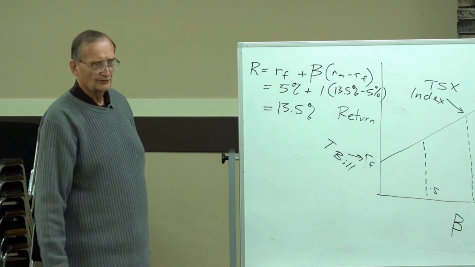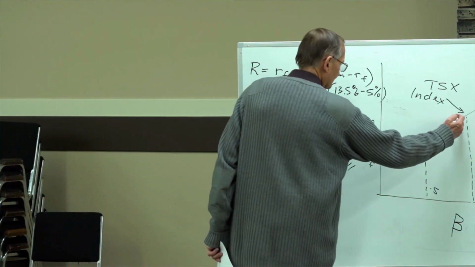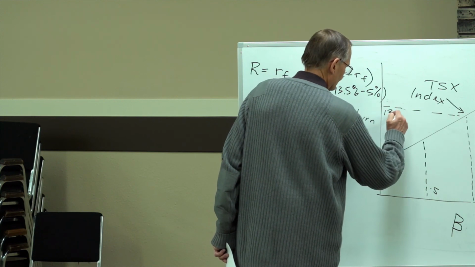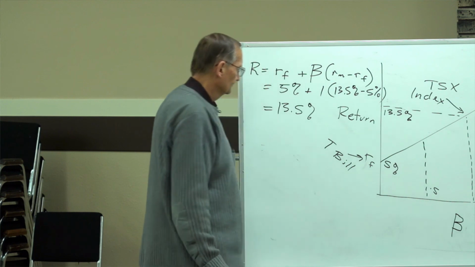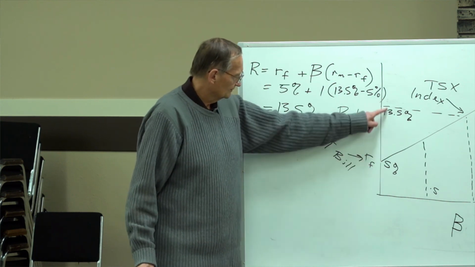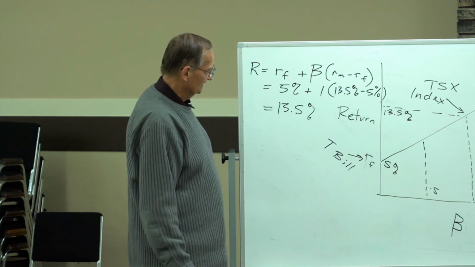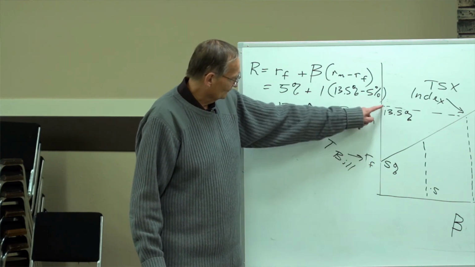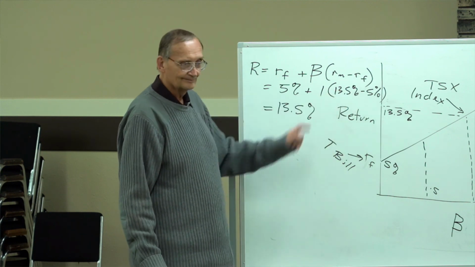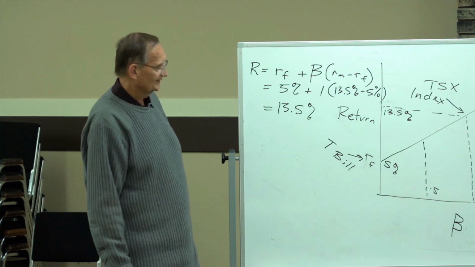I'd get 13.5%, which you know is the rate of return here. Here's 5%. The difference, 13.5 minus 5 is 8.5%. From here to here is 8.5%. Are we okay on that?